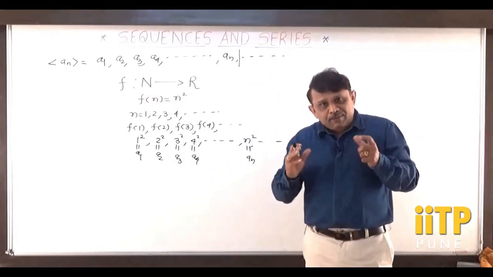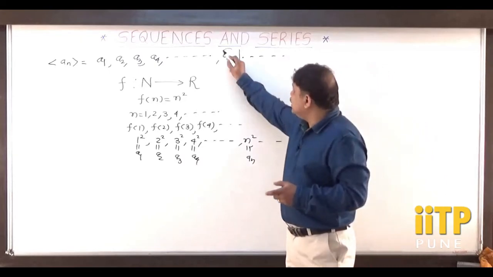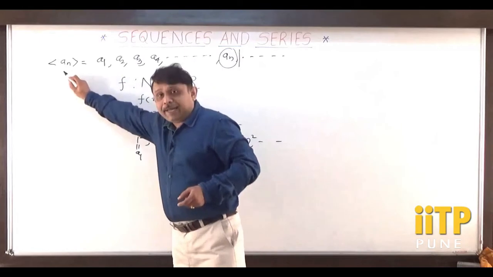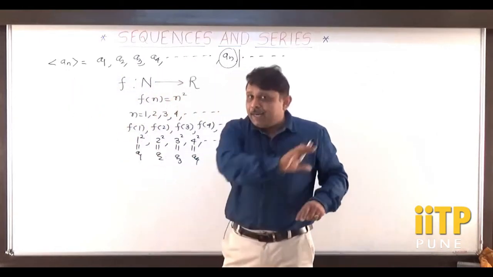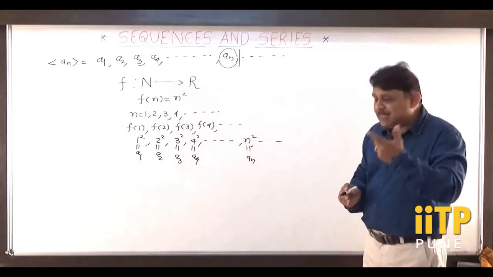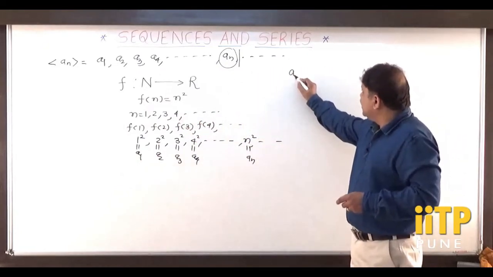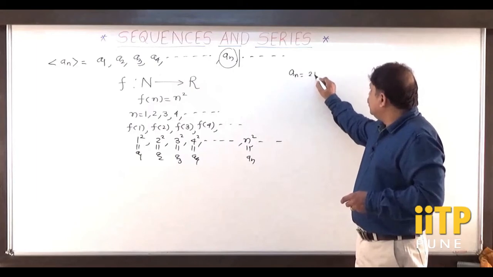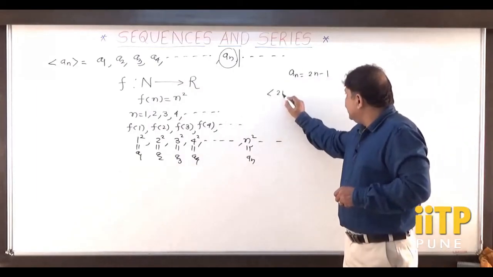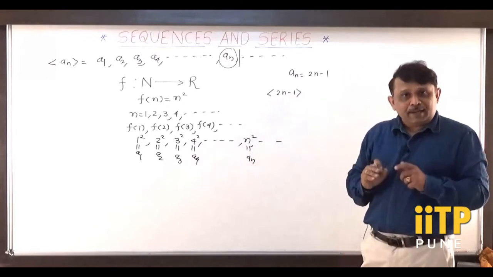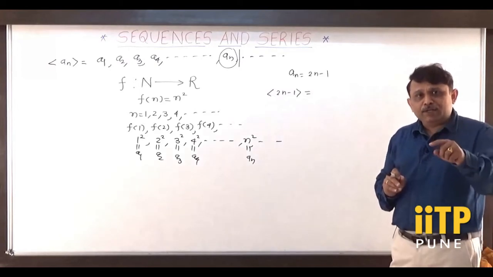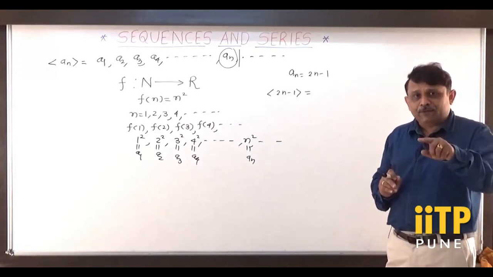Any sequence whose nth term is known can be represented by putting it in a bracket. So bracketed an represents the entire sequence. For example, suppose I consider an equal to 2n minus 1. Then bracketed 2n minus 1 would represent a sequence, because a sequence is a function whose domain is the set of natural numbers.